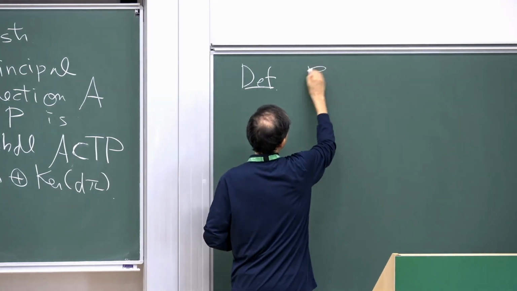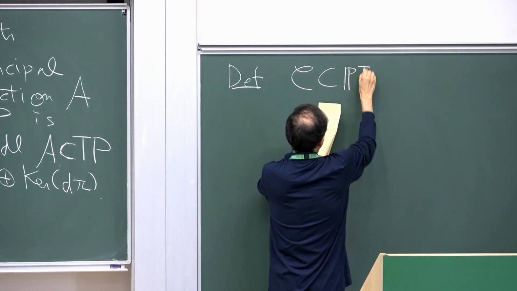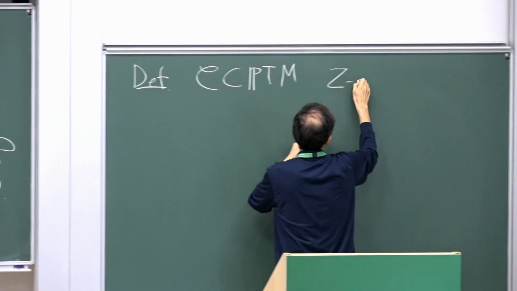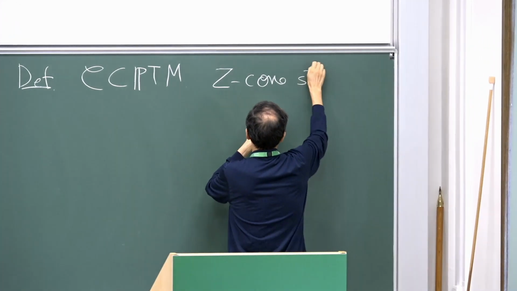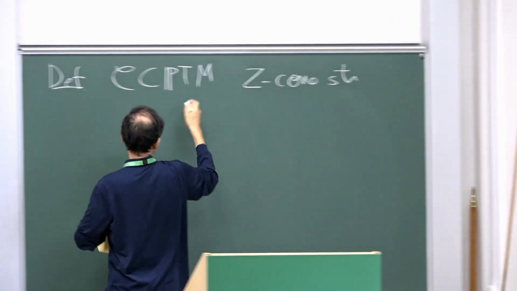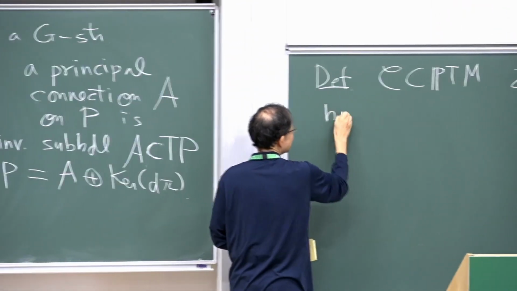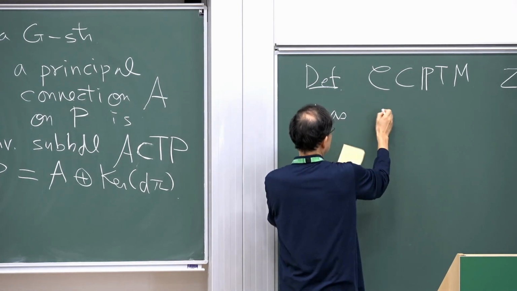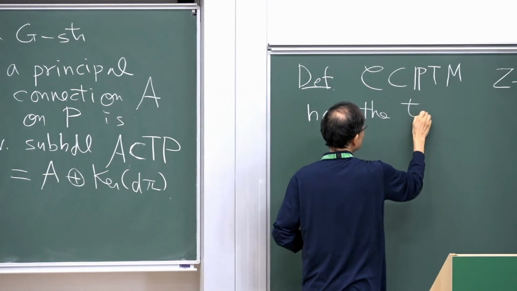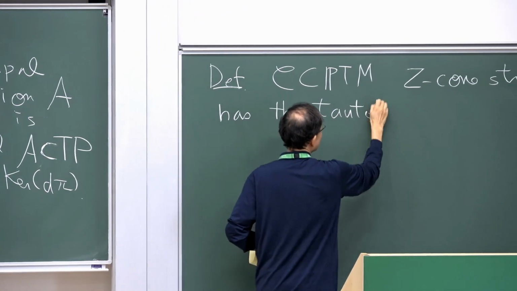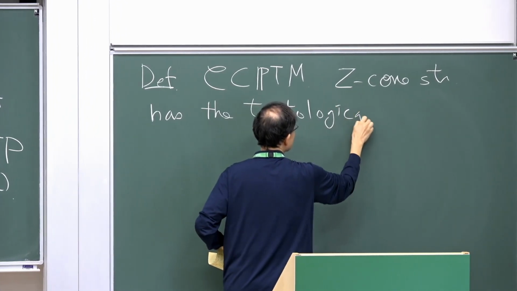So we have a Z cone structure. Such an object has what's called the tautological distribution.